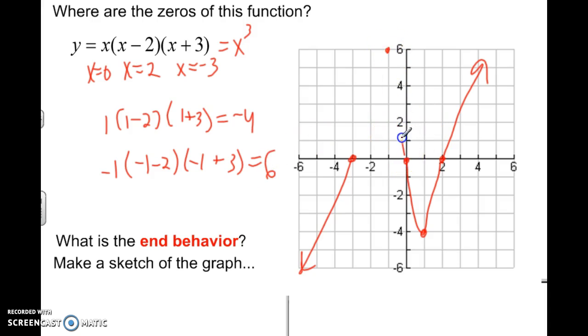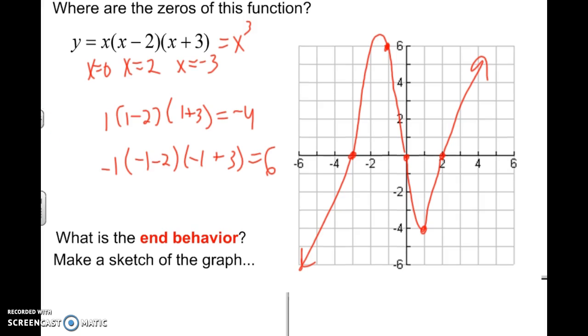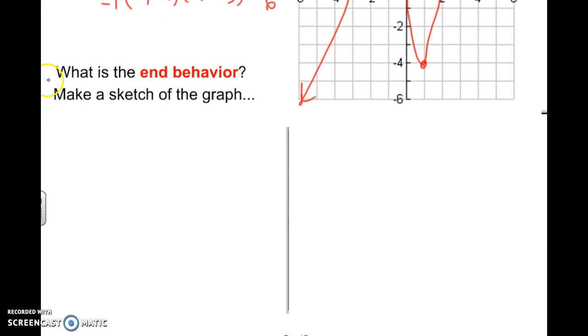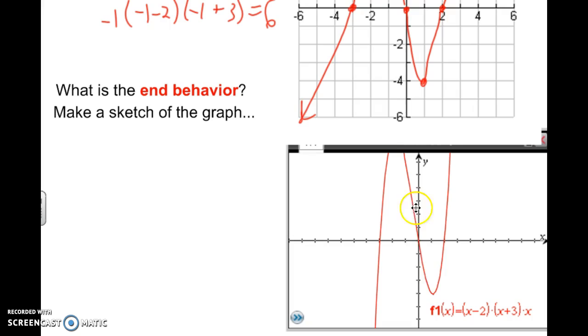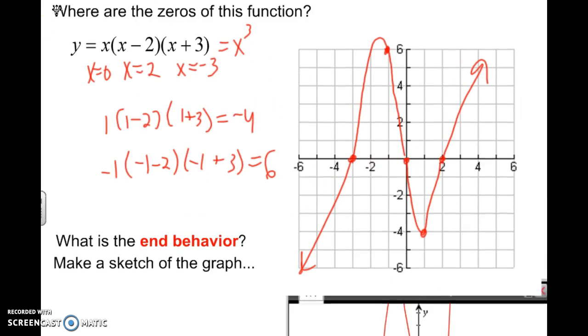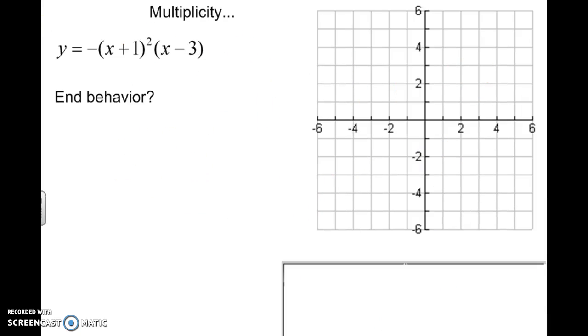Not sure exactly what happens, but it's going to look something roughly like this. I know it goes through those points. It's more of a sketch than a perfect graph. And that's basically what we're doing. So we're using end behavior. That's not too bad. We got the end behavior right. Starts low, kind of squiggles around, ends high, and we got some of those important points correct as well.